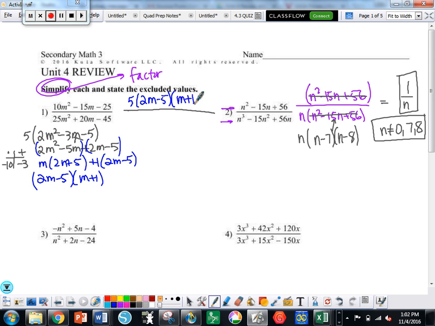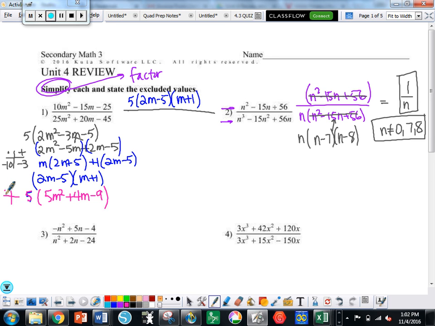All right, looking at the bottom group, somehow I've got to squeeze this in. I'm going to pull a 5 out of the bottom. When I do, I am left with 5m squared plus 4m minus 9.